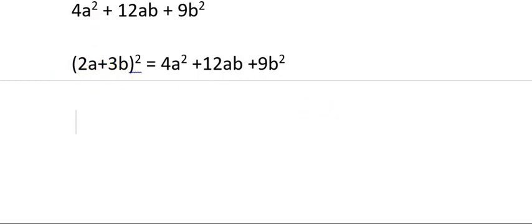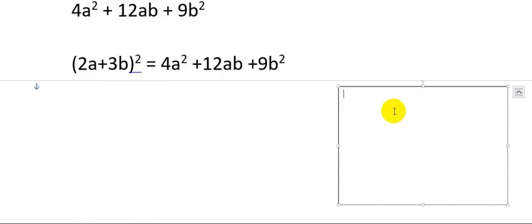Because if you take 2a, square of the first term, 2a whole thing as a square, which means 2a multiplied by 2a, that is equal to 4a square.